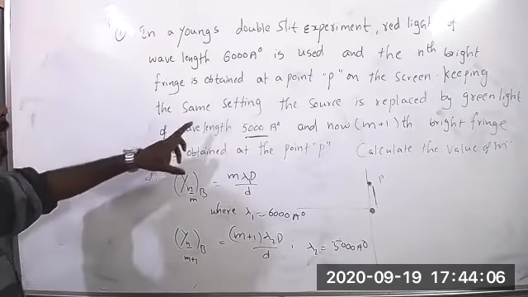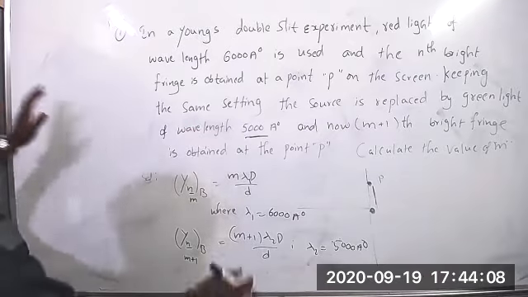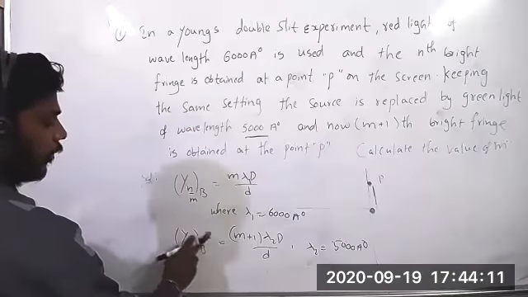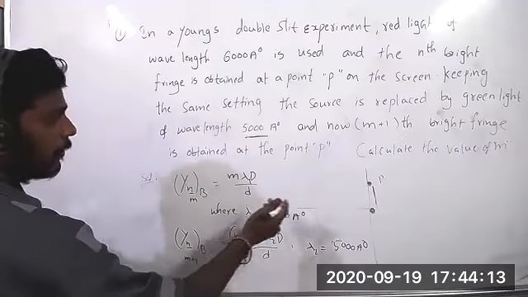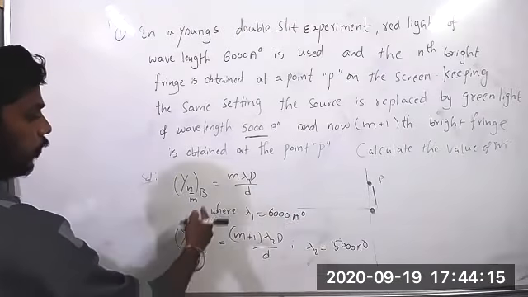What happened here? Both formed at P. When you place the green light, that is also formed at P. So both we have to equate.